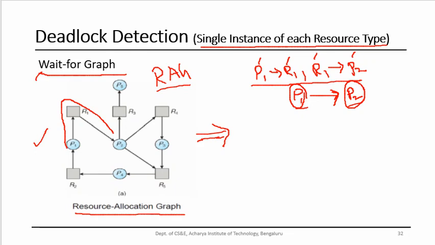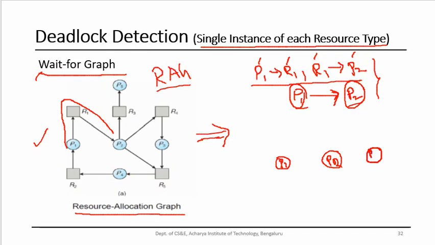So, keeping this in mind, let us try to convert this resource allocation graph into a wait for graph. How many processes are there? This is process P1. Let me write, they become nodes in our wait for graph. P2, I hope you are able to see whatever I am writing.